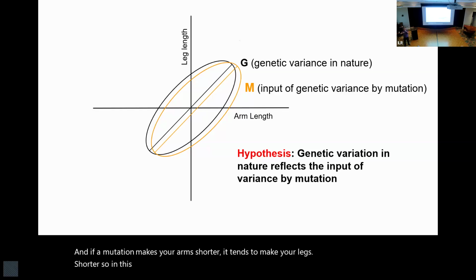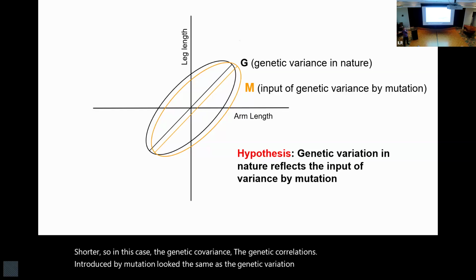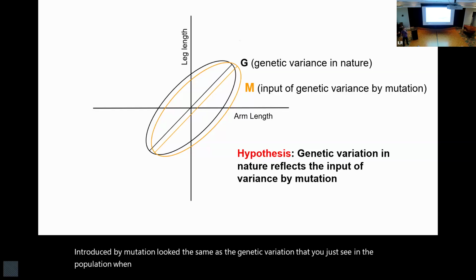In this case, the genetic covariance introduced by mutation looks the same as the genetic variation that you see in the population.